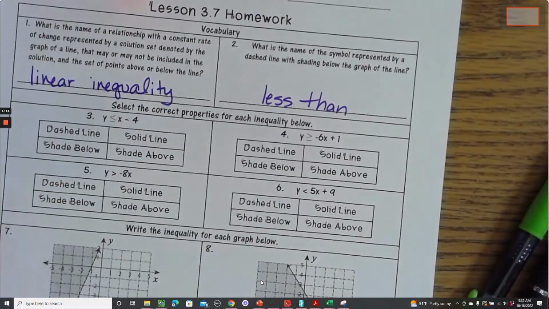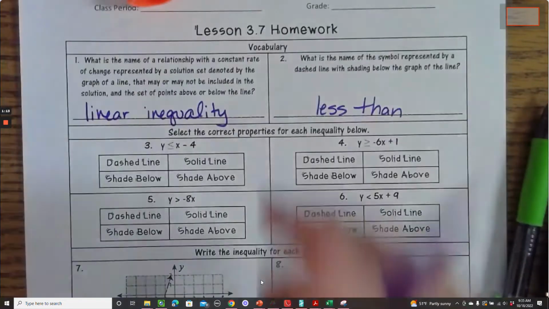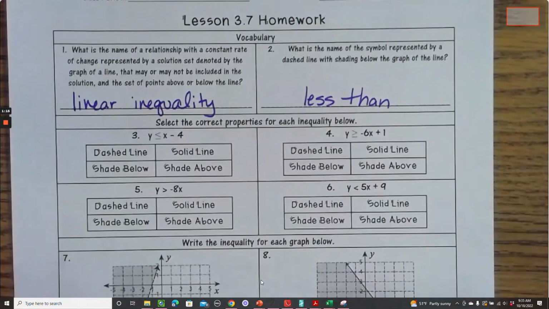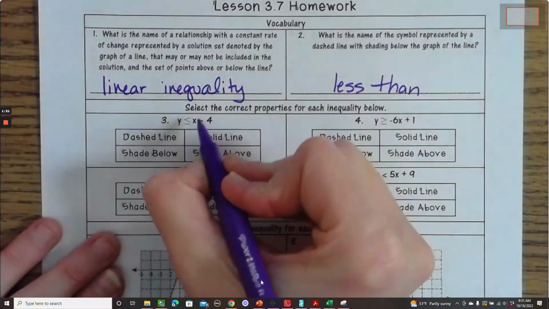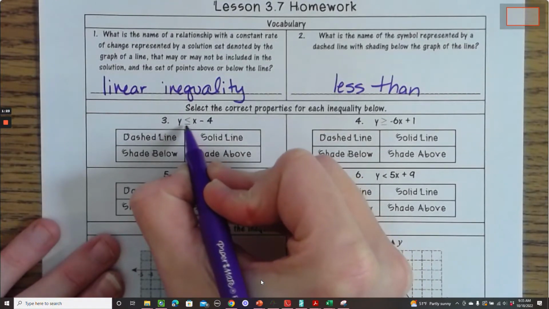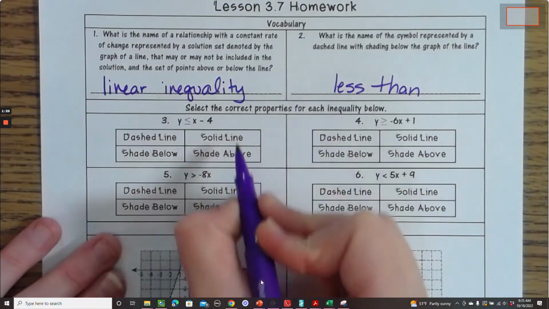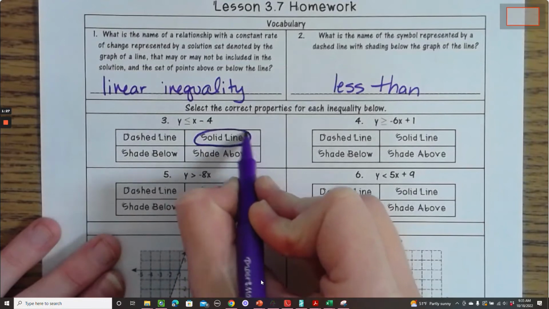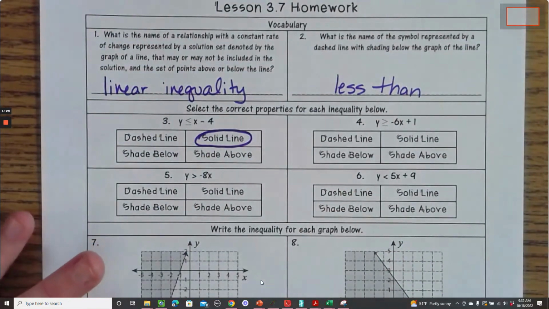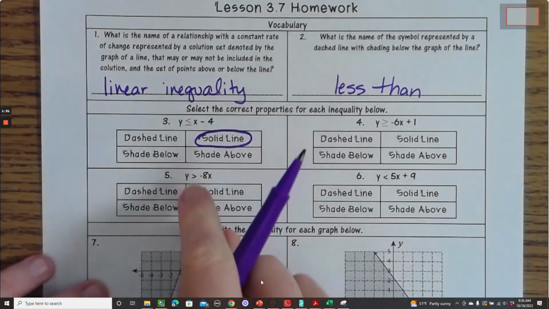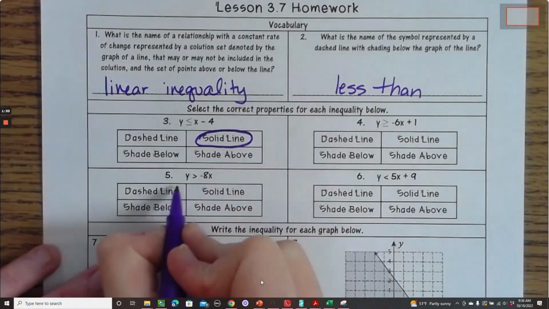All right, so for the next four, we have to select, is it a solid or dashed line? And then if we shade below or above. So if your inequality sign has the line underneath it, it's a solid line. If the line is not underneath there, select number 5, it's a dashed line.